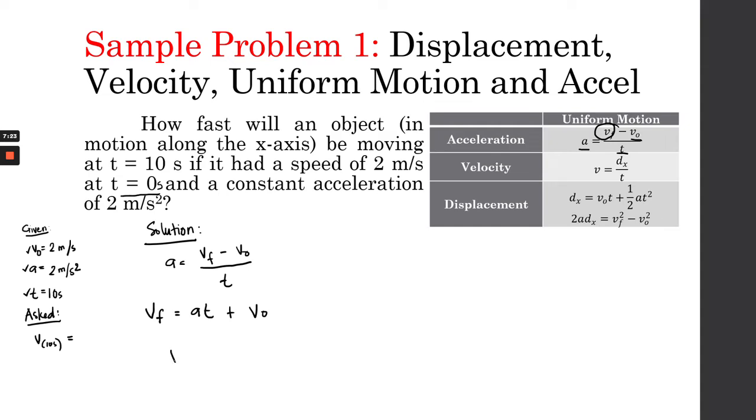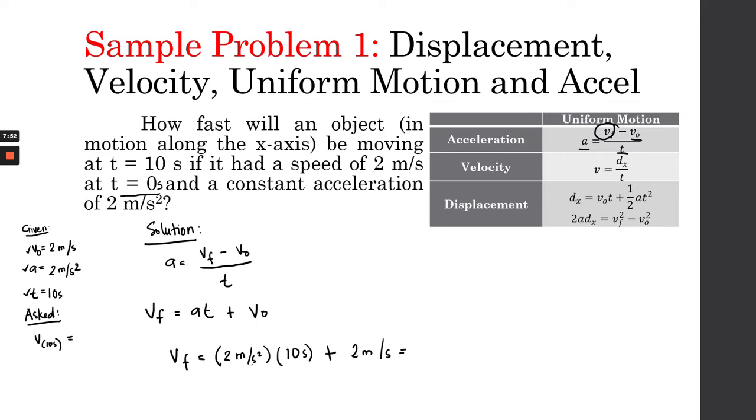So the final velocity is equal to the acceleration, which is 2 meters per second squared, multiplied by how much time? It's 10 seconds, plus the initial velocity given to us, or the speed of the moving object at t equals 0, which is 2 meters per second.